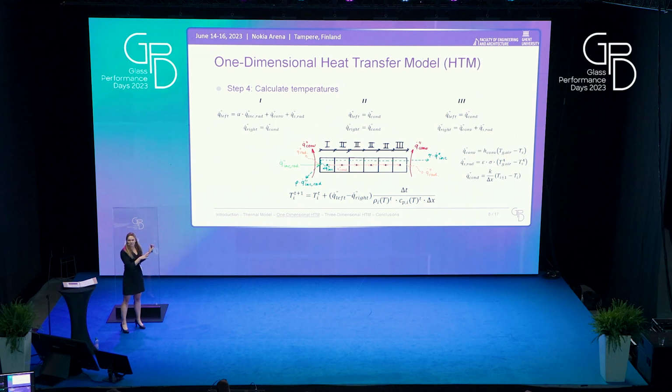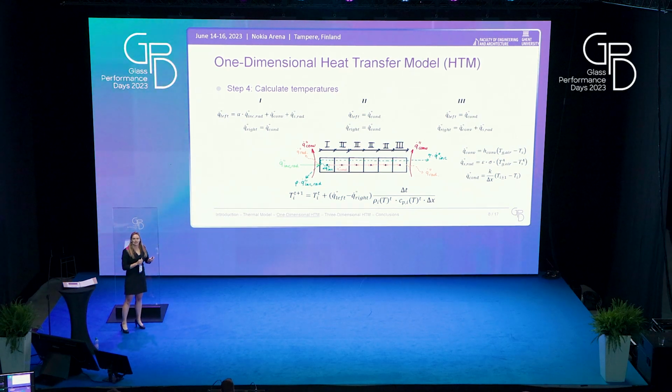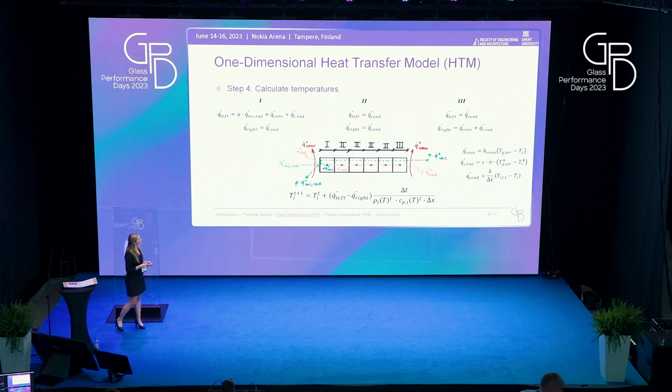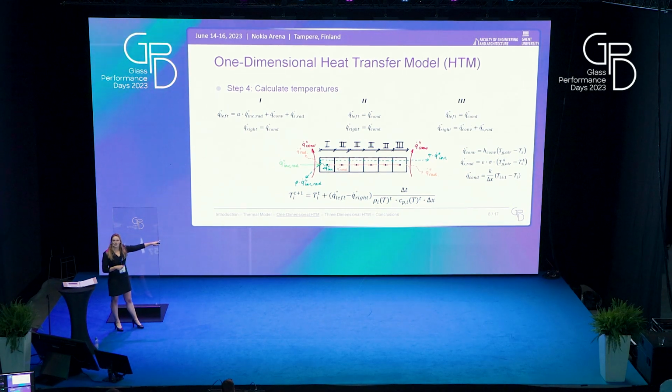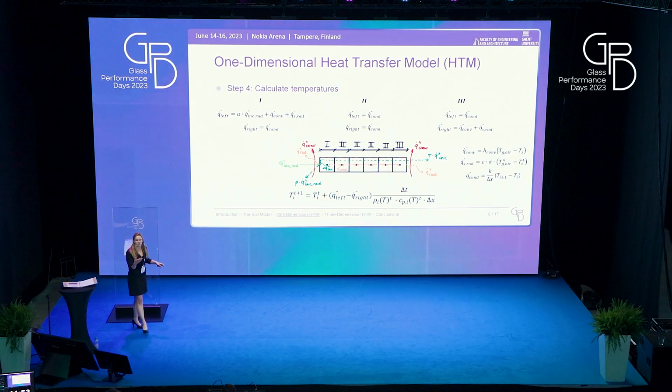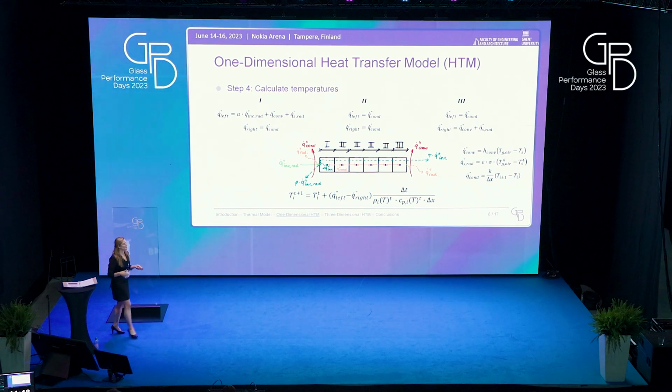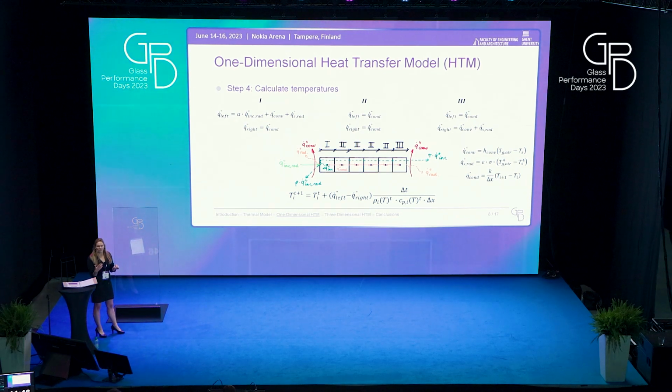If you have all this information, you put in the equations that we typically use for all these heat fluxes, and then you can come up with the formula at the bottom that gives you the temperature evolution in your element in space and in time. So that's basically how the whole calculation works.